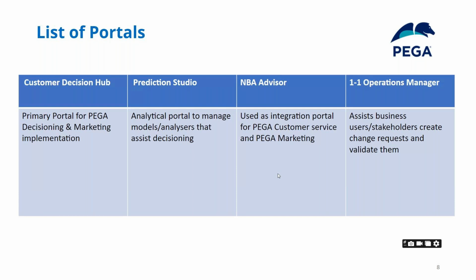So Prediction Studio is like a analytical portal for the models. That means, see, in the Prediction Studio, all your models and analysis related algorithms, the data science concepts, all of them you can find it in the Prediction Studio.